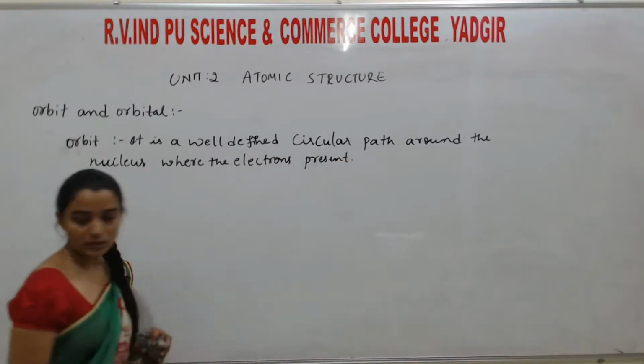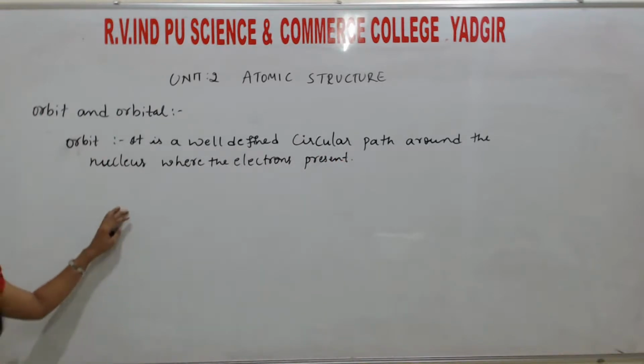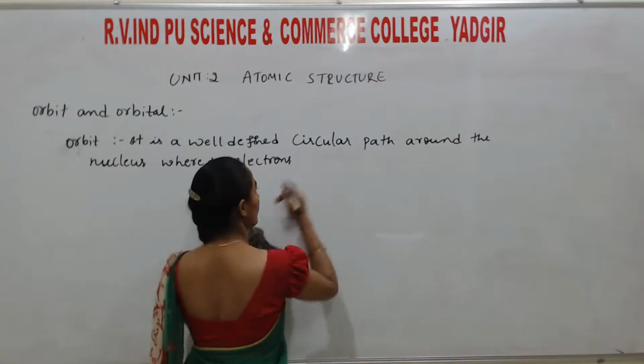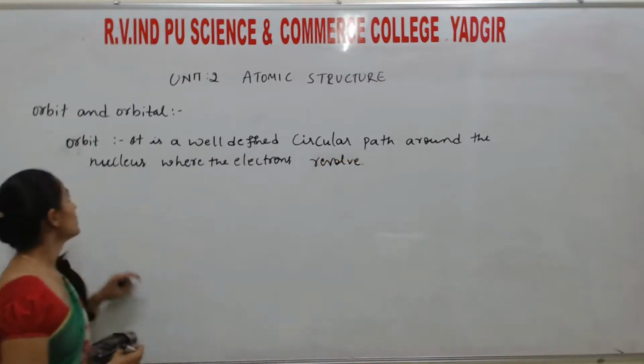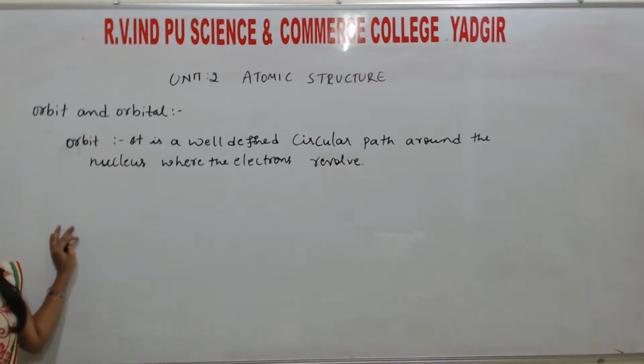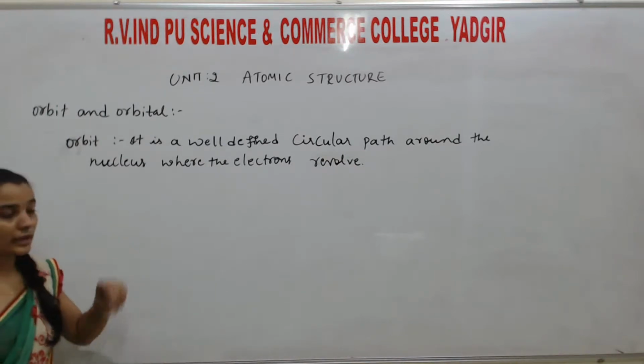That is called as what? Orbit. Okay, the electrons revolve. So orbit is a well-defined circular path around the nucleus where the electrons revolve.